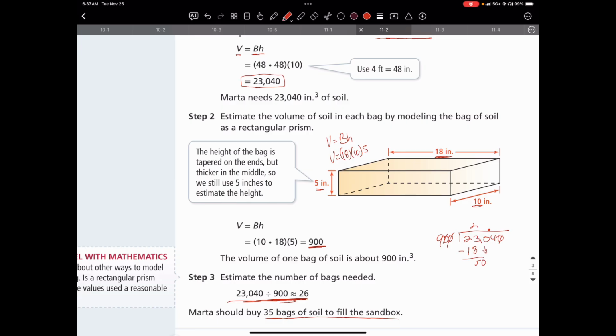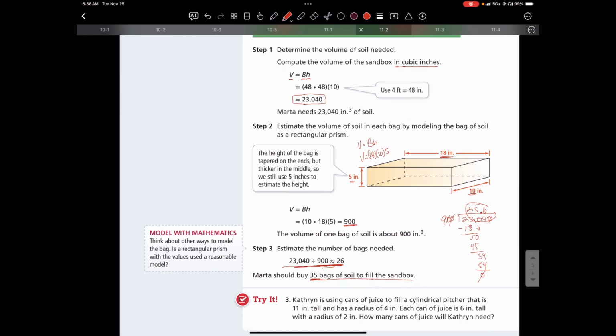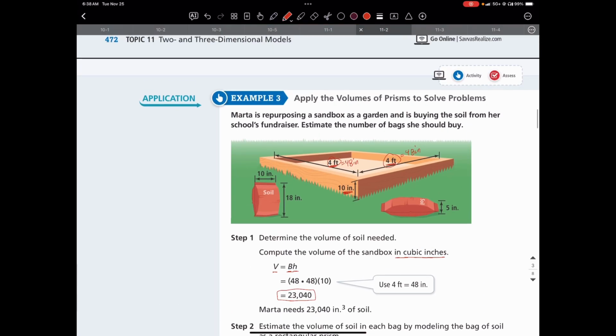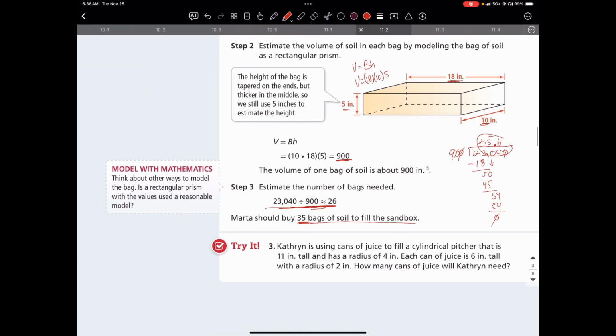Bring down your 0. 9 goes into 50. 5 times 9 is 45. Then bring down your 4. So 25.6 bags, so approximately 26 bags. So I don't know why they said she would need to buy 35 bags. Hmm, maybe it was an error on their part. All right.